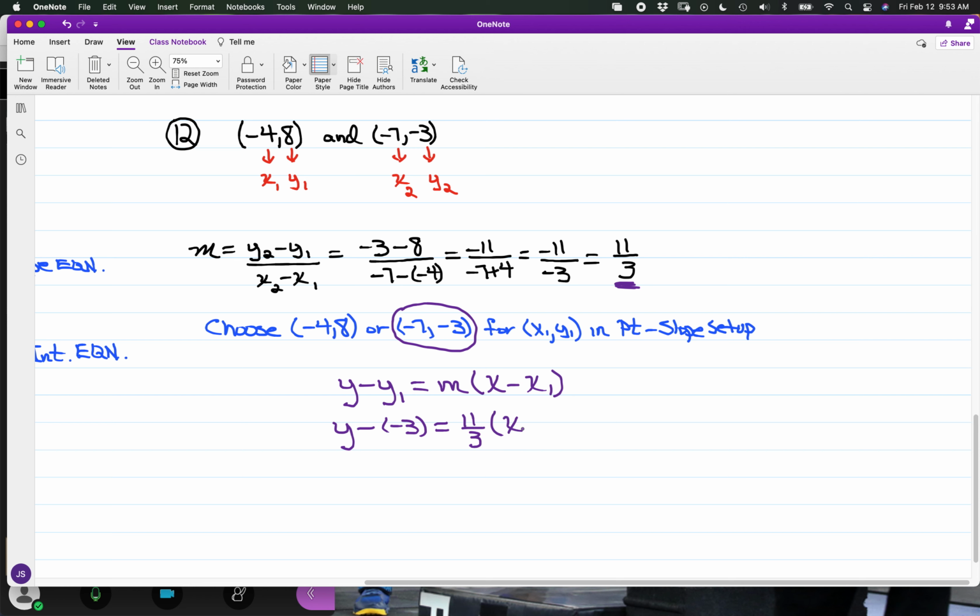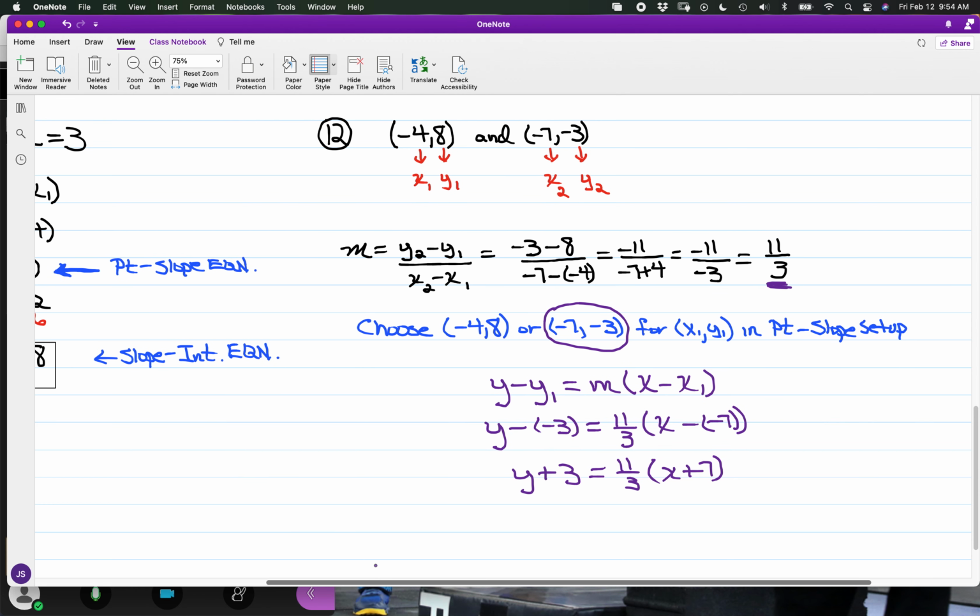And we have times the quantity of x minus negative 7. And here we have y plus 3 is equal to 11/3 times the quantity of x plus 7. And I'll just mention, once again, we have the point slope equation.